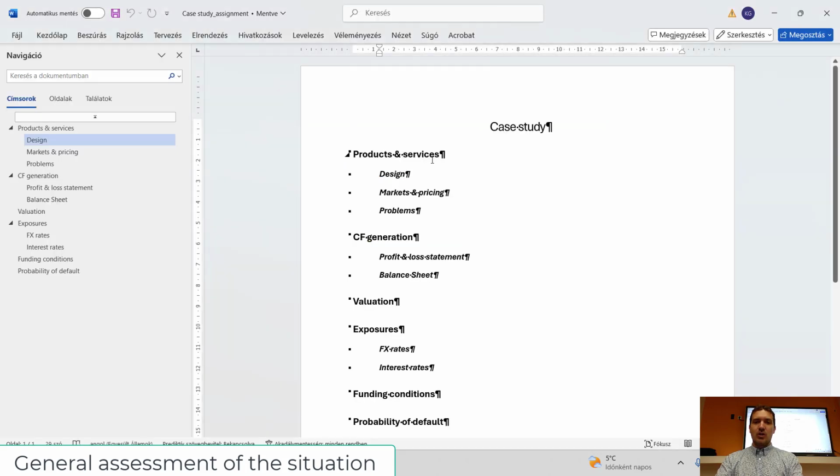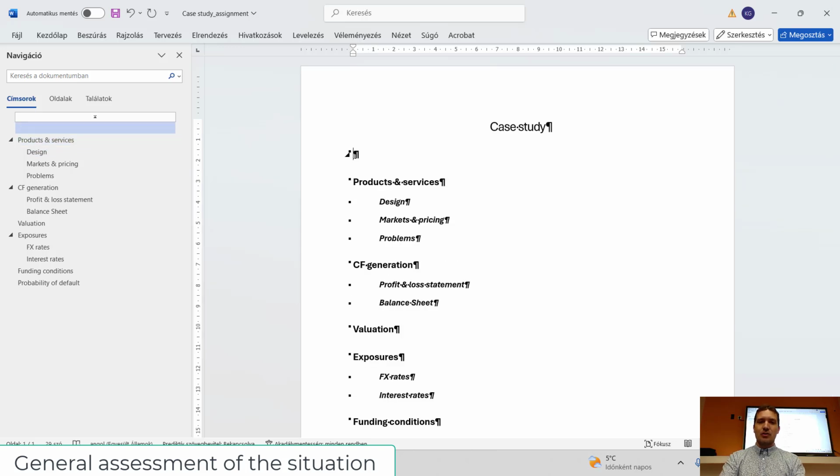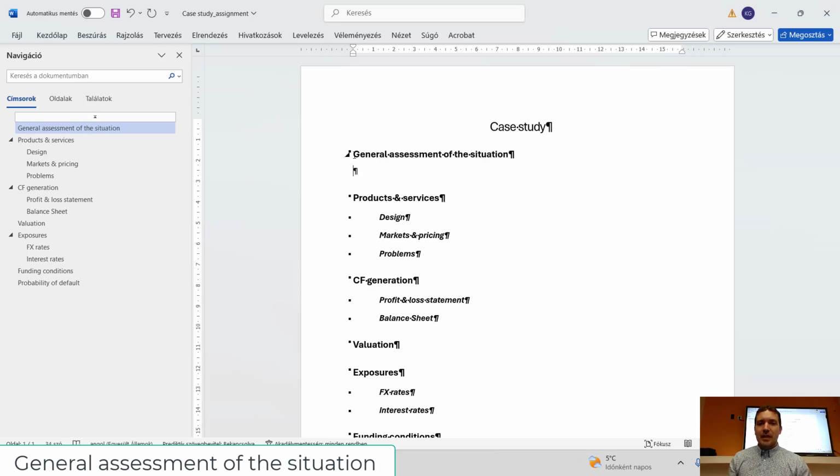So the key problem, before we are doing anything here, is a general assessment of the situation. So we have to be able to understand what is happening with the market share.